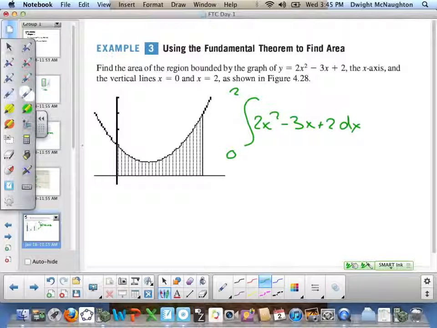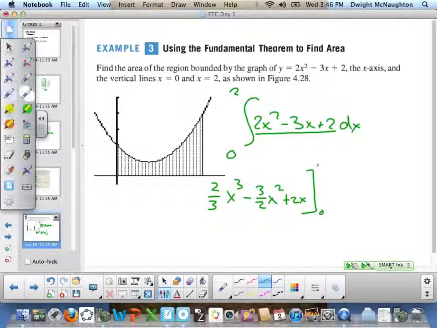Those are our infinite rectangles, and our shortcut, the fundamental theorem of calculus, says we take the antiderivative of what's inside. So that would be 2/3 x cubed minus 3/2 x squared plus 2x from 0 to 2. I like to group that.